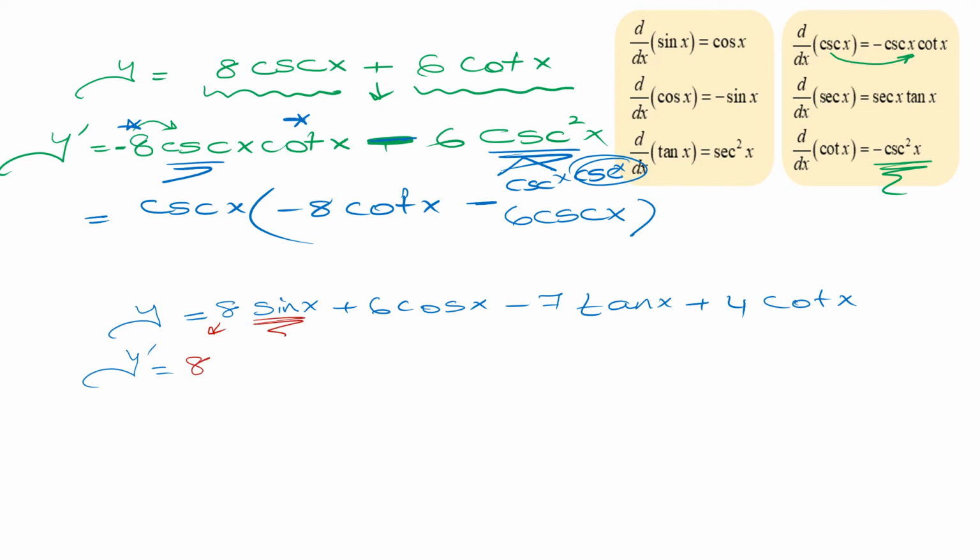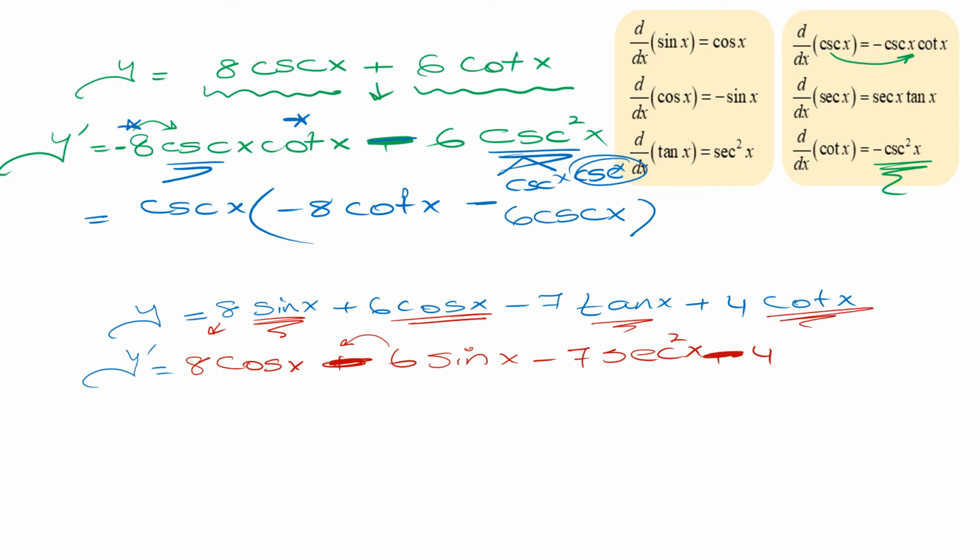Take the derivative of sine x, which is cosine x. Then write plus 6, the derivative of cos x is negative sine x. So write here negative and here sine x. Then negative 7, the derivative of tangent x. You can see it is secant square x. Then plus 4, the derivative of cot x is negative cosec square x.